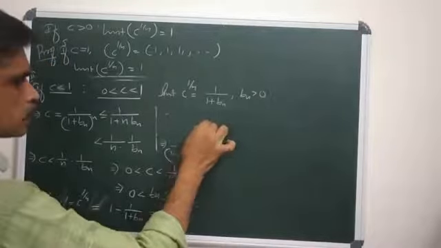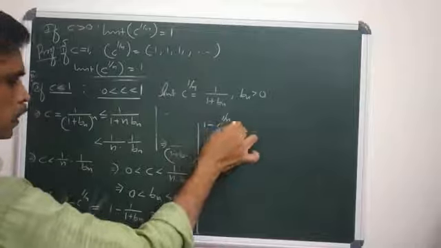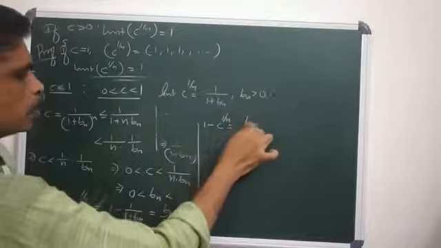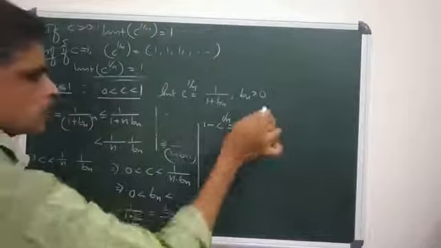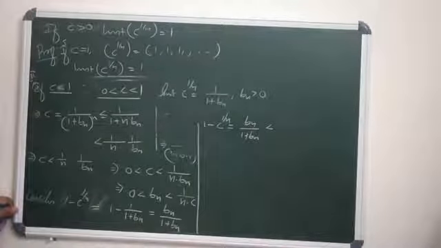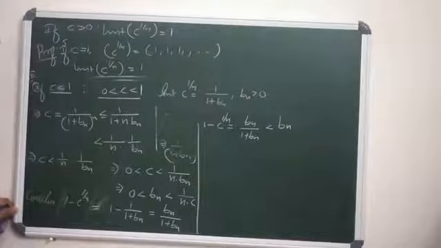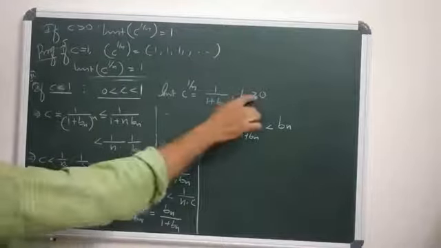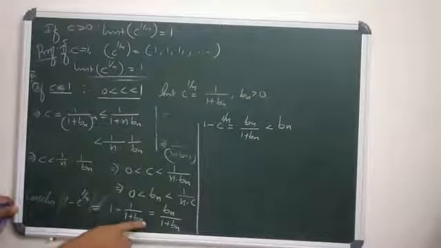So 1 minus C to the power 1 by n equals bn by 1 plus bn, which is strictly less than bn, since bn is positive. But what is bn?